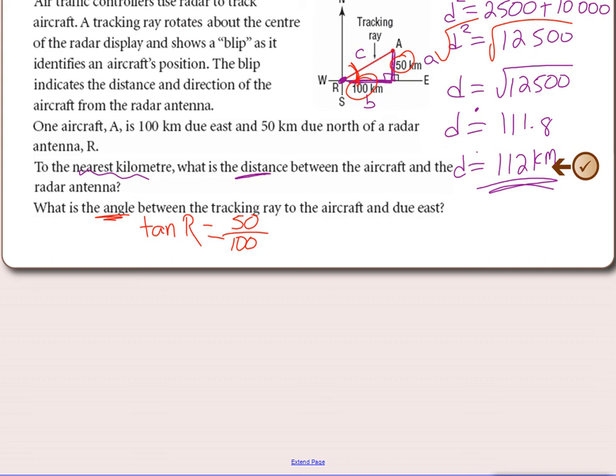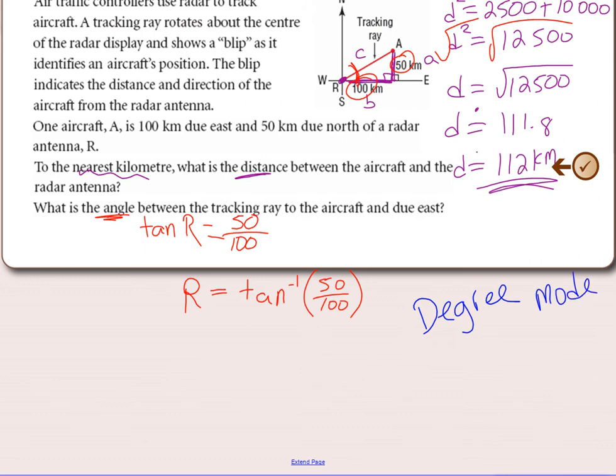You got to take the inverse tan to move it. So angle R is equal to the inverse tan of 50 over 100. You could put 0.5 if you would like. I'm just going to keep it as 50 over 100. Punch that into your calculator in degree mode. Make sure right now that you have changed your calculator into degree mode.